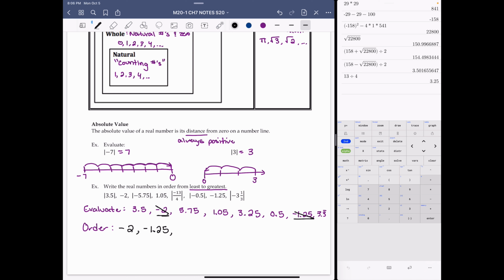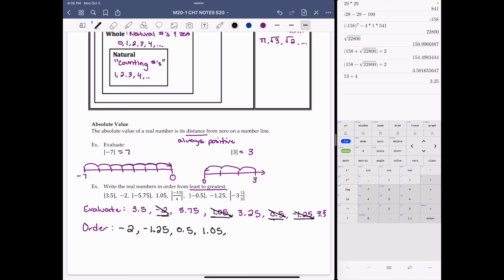Now we have positives, so we want to look for the smallest positive number, which is 0.5. Next smallest positive, 1.05.